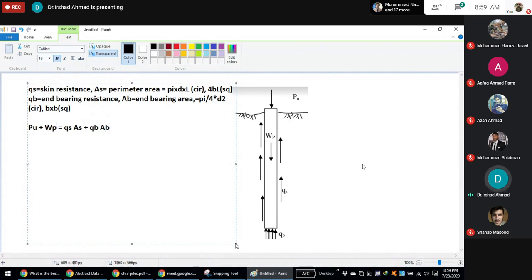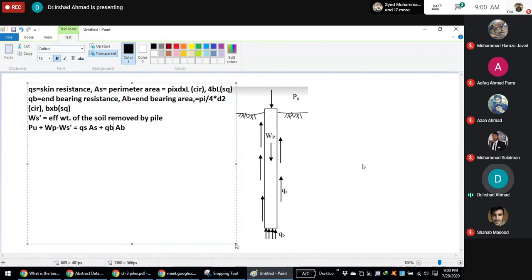What I do, I subtract WS, the effective weight of the soil removed by the pile. Because of the construction of the pile, the weight of the soil is removed.